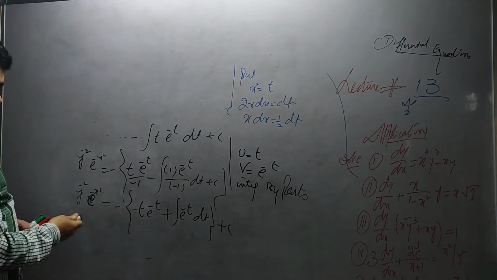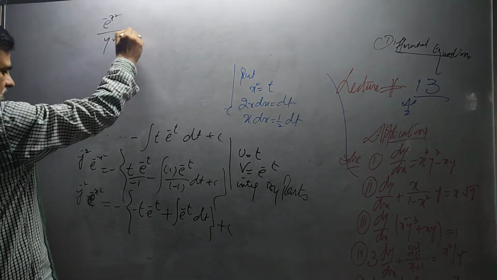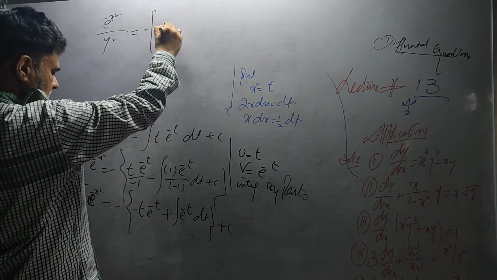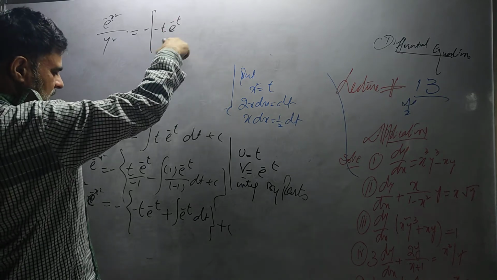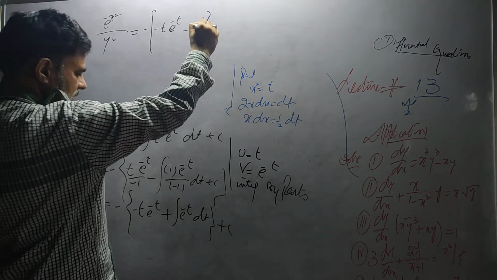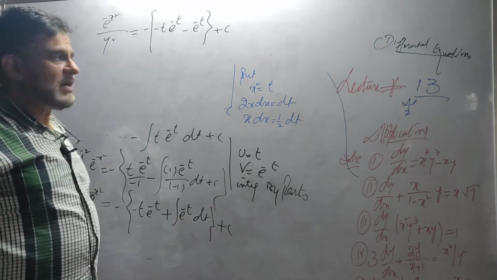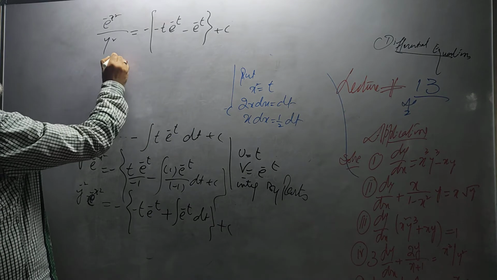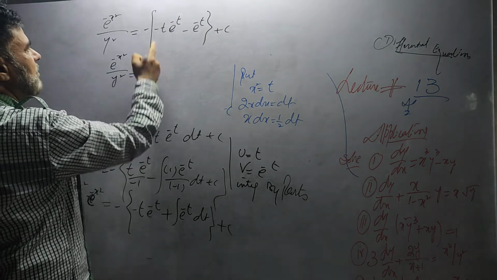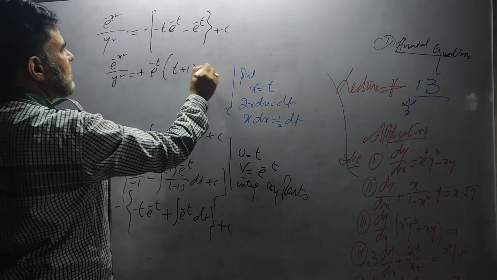So this gives you e raised power minus x square by y square is equal to minus times, it is minus t e raised power minus t, integral of e raised power minus t is minus e raised power minus t, then plus c. Because integral of e raised power minus t is e raised power minus t by minus 1. You can take e raised power minus t common: minus inside this, plus e raised power minus t into t plus 1, plus c.